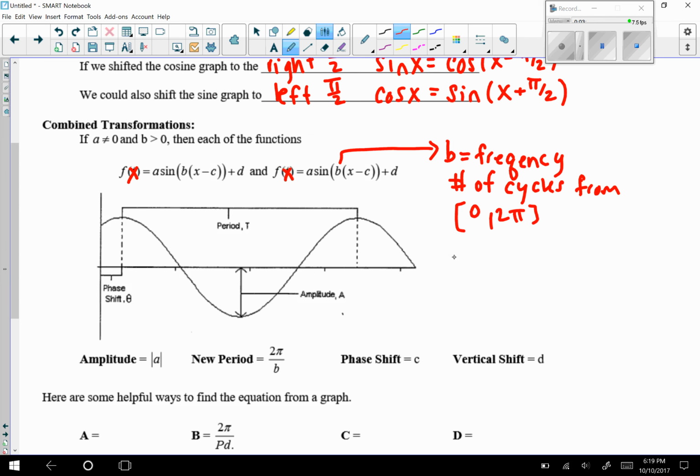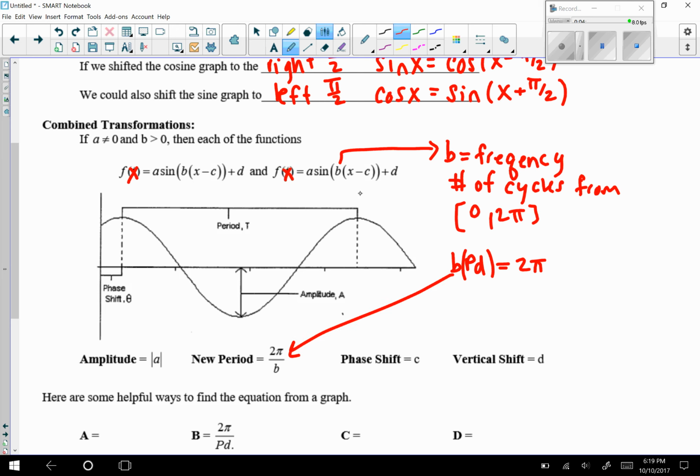And so we have the equation that our b value times the new period should always be equal to 2 pi. So if we solve this equation for the period, we would get 2 pi over b, and we can also solve for the b value as 2 pi over the period. So that's what we're using here.